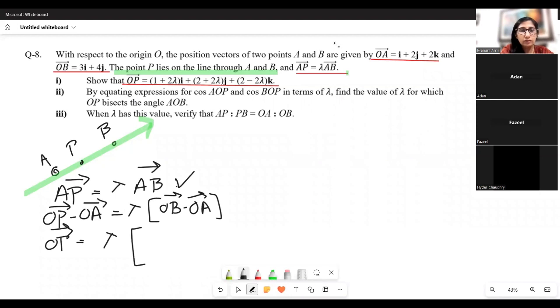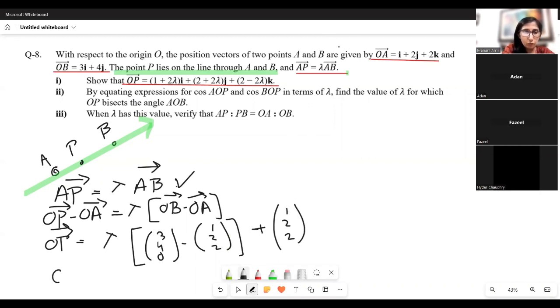So OB is (3, 4, 0) minus OA, which is (1, 2, 2), so plus (minus 1, minus 2, minus 2).